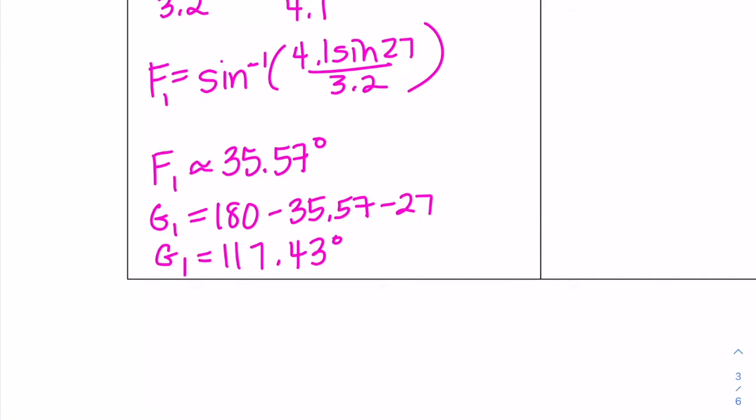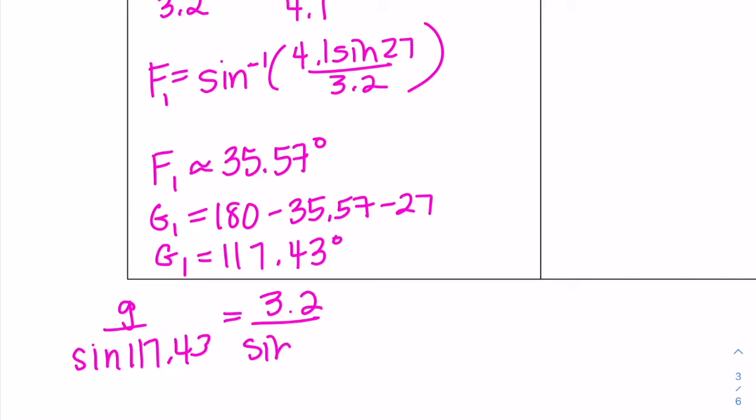So we have G over sine of 117.43 equals, and we could use either one. We could use F or E. So I'll just use E, 3.2 over sine of 27. So I'll put side G is about 6.26.